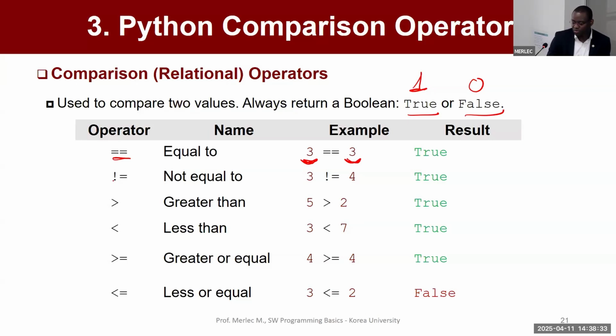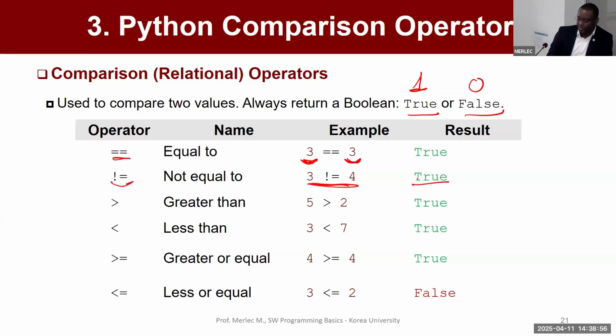For not equal, you just use the exclamation point before the equal sign. So this will mean not equal. I would like to check in this expression whether 3 is not equal to 4. Since this statement is true, the result will be true.